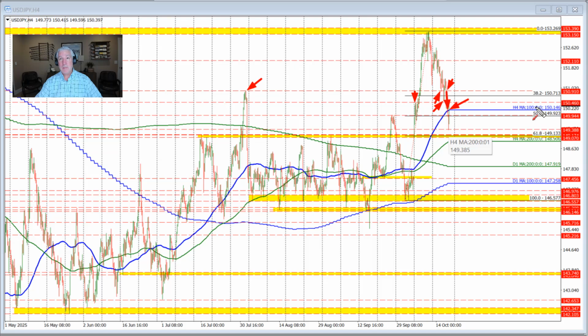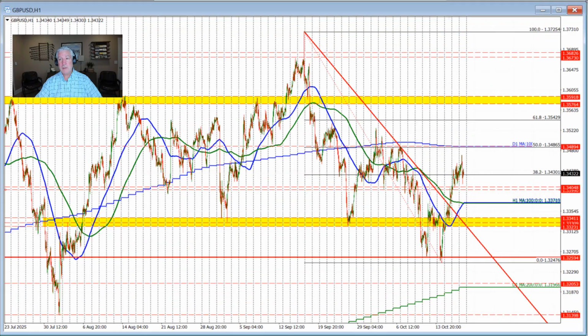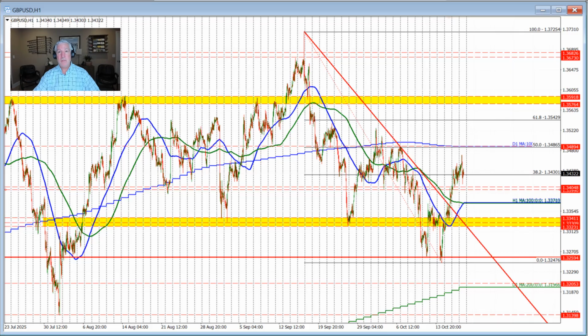So keep that level in mind as well as 150.91. But so far, the low target off the daily chart did do its job in early trading today, and we are seeing the bounce back rally that keeps the buyers in play. Staying above the 100 bar moving average is probably a level to watch in trading here for you as we head into the weekend.